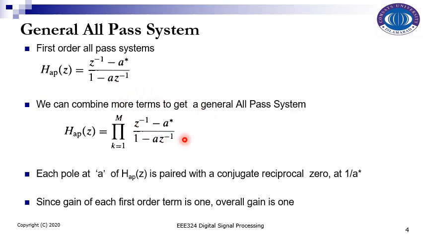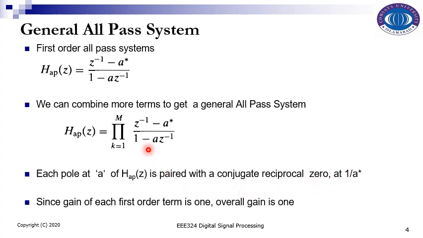We can add more zeros and poles at conjugate reciprocal locations, and we can form an all-pass system with a higher order. So if we have three terms like this, then we will have an all-pass system of order 3. Each of these simpler factors will consist of a pole at a, paired with a zero at the conjugate reciprocal location 1 over a star.